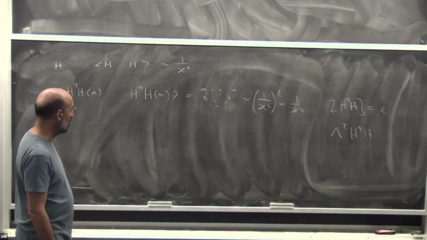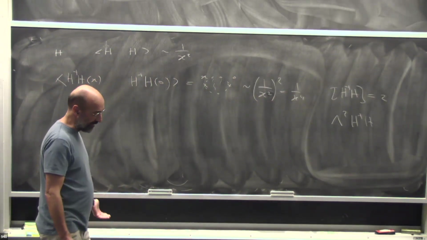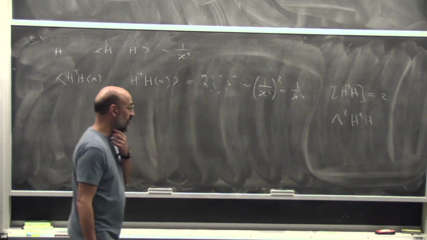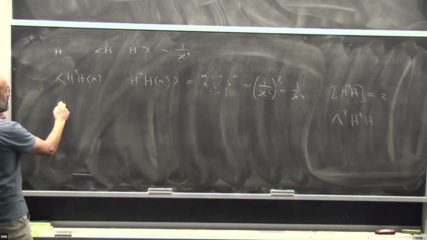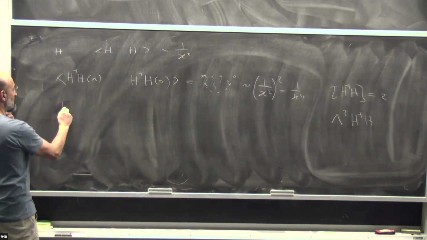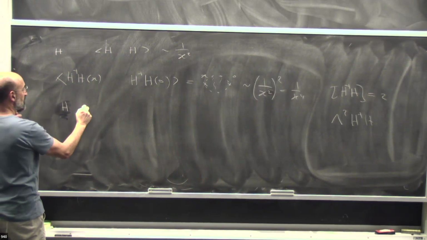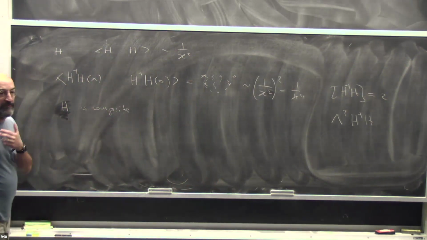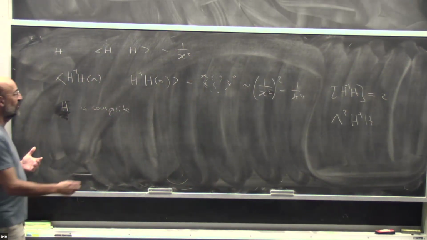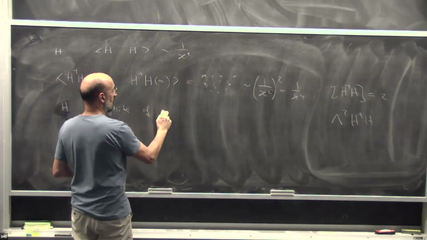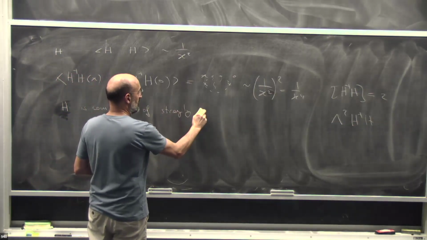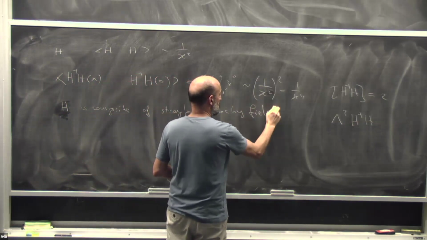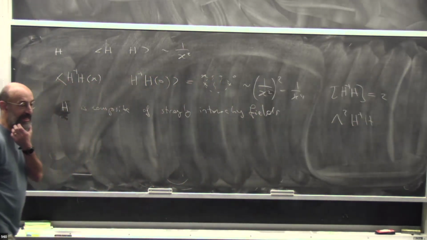So the idea of a composite is one where, if you want, the analog of H dagger H, where H is a composite, is composed of strongly interacting fields.